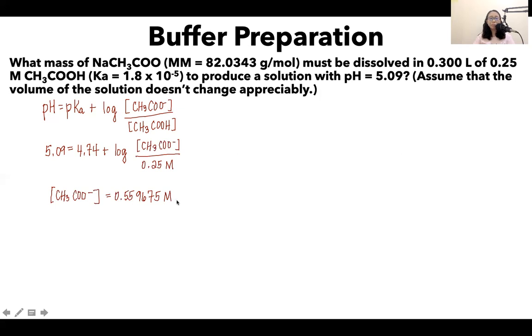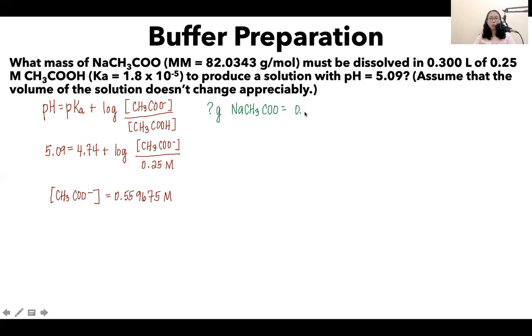Okay. So now we have the concentration. And we use this as the basis to get the mass of sodium acetate. So how many grams of sodium acetate will give us this concentration of acetate in the final buffer solution?